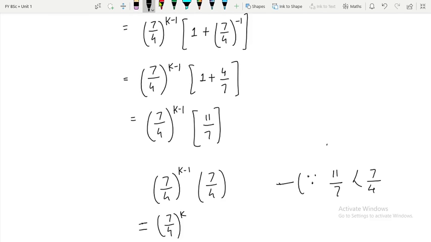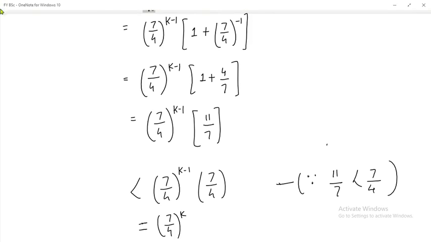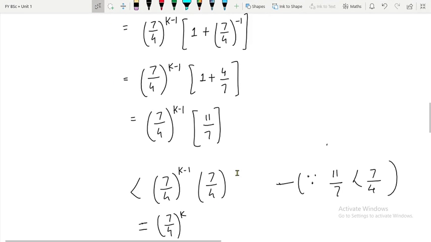Now since 11/7 is less than 7/4, I can say that this quantity will be strictly less than 7/4 raised to k minus 1 multiplied by 7/4, because we have replaced 11/7 by 7/4. Therefore this will be bigger than this.